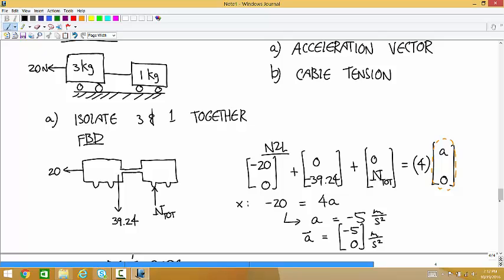For A there, since we're going in the negative x direction, it's not negative a though? Why did I put this just as positive a there?